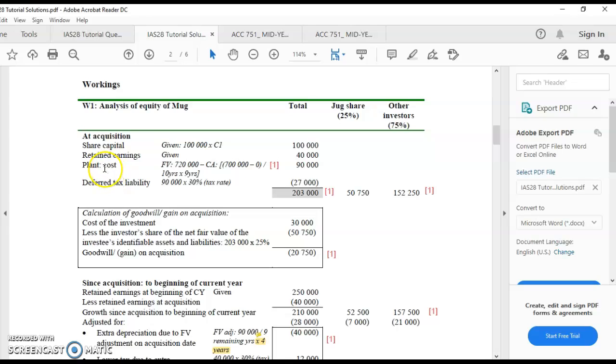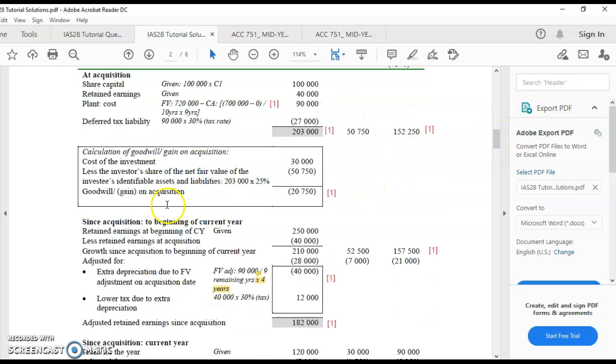We already calculated this when we were reading the question, 90,000, and we adjust for deferred tax. The tax rate is 30%, and then we get the total net assets at acquisition multiplied by 25% to get our portion. Then we calculate the goodwill or gain on acquisition. Important: we don't really have goodwill when it's an associate.